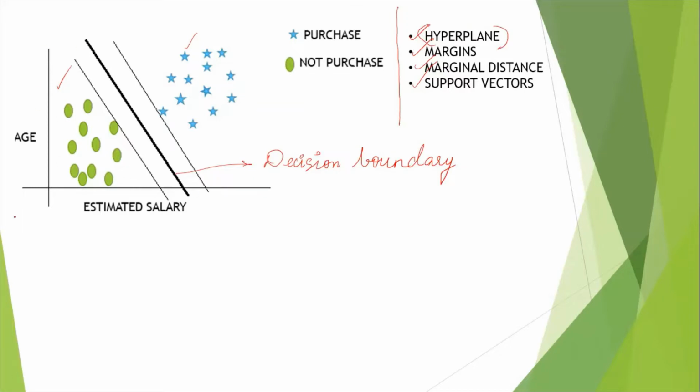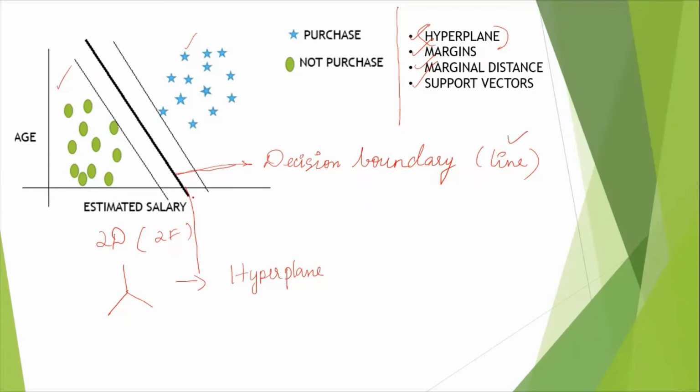If you see here, this is a two-dimensional graph. Like I've told you, I've taken two features. In that case, we say it is a line, okay? If suppose this is a three-dimensional graph, we call it a hyperplane. This line in 2D is called a decision boundary or a line.